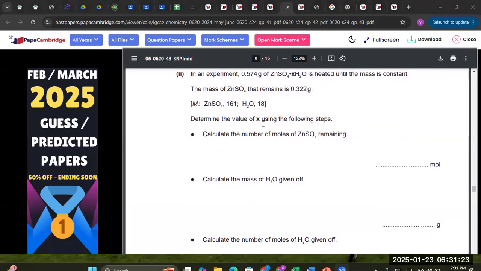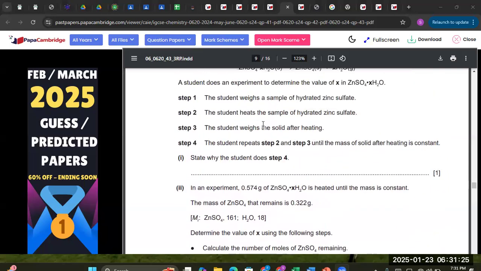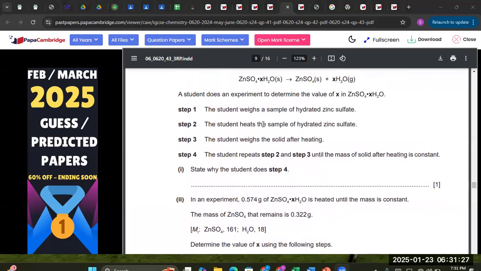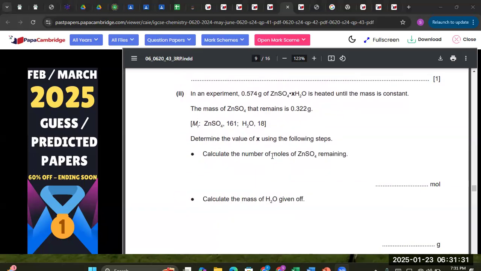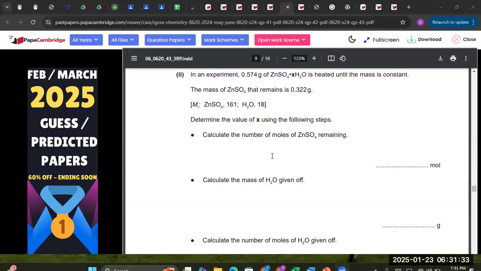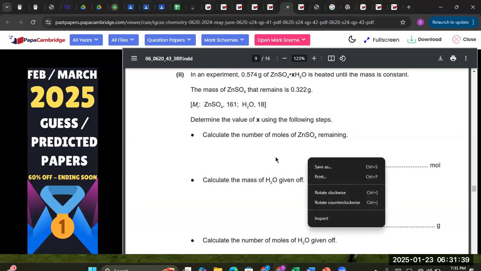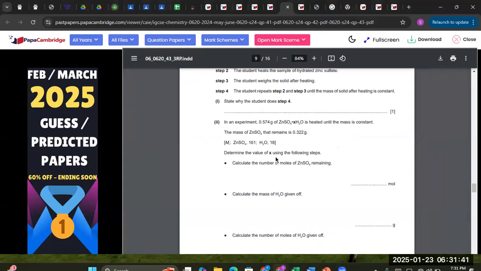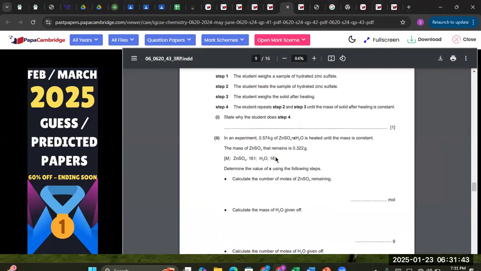So let's take a look at mole calculations. In an experiment, 0.574 gram of zinc sulfate dot XH2O is heated until the mass is constant. The mass of zinc sulfate that remains is 0.322.